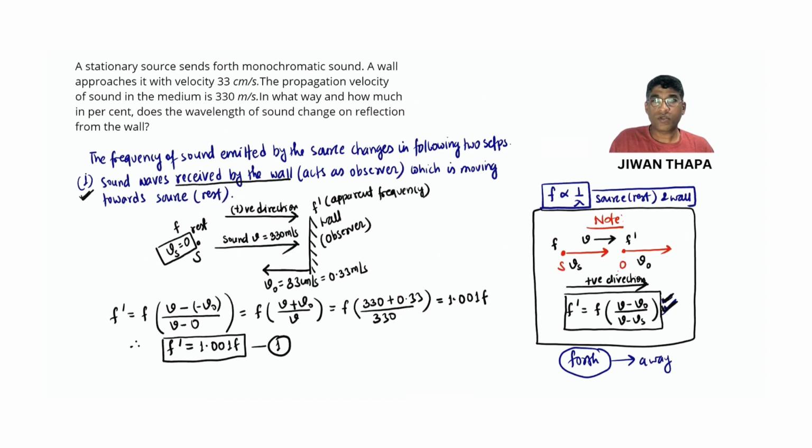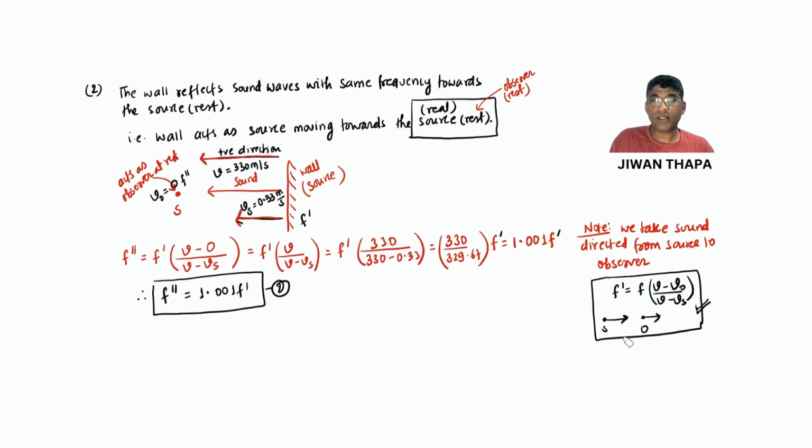Now we have f dash from equation 1 equals 1.001 f. So I'm writing equation 1: f dash equals 1.001 f.